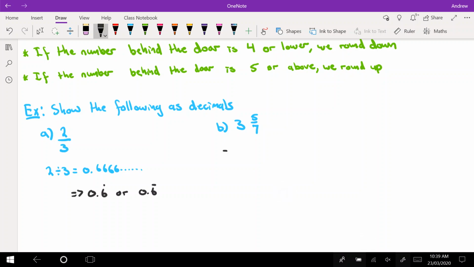So it's actually 3 plus 5 over 7. We just care about that 5 over 7 part, okay? We don't actually want to change the 3 in any way because it's already a number. So that becomes 3 plus 5 divided by 7.